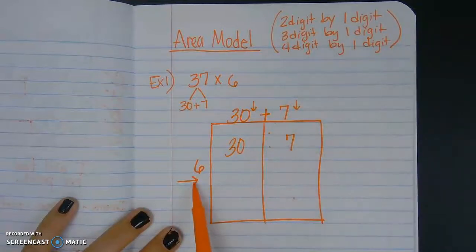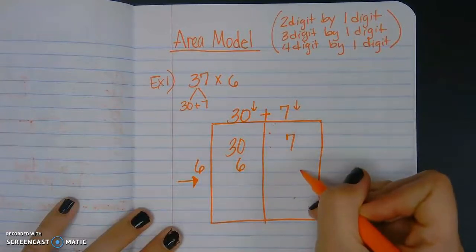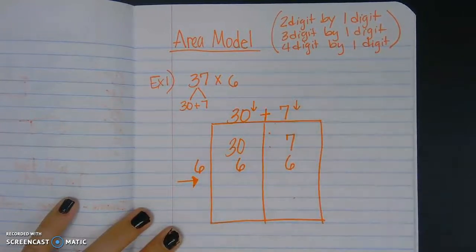And then this one, they said, is kind of like if you were at the airport, you can jump on the walkway that moves, kind of like the escalator, and it just slides you across. Okay, so the 6 has to slide into this one and this one all the way across.